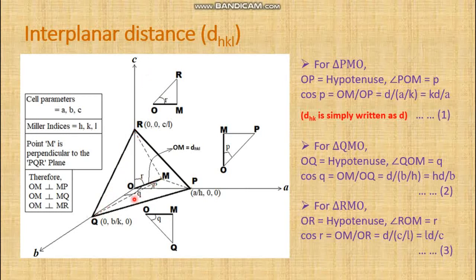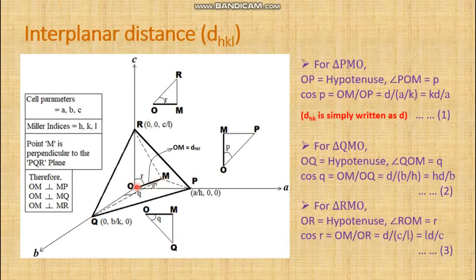Okay, and the perpendicular from O, the origin, on the plane touches the point M. That means OM is perpendicular to the PQR plane, and along the O point there is another lattice plane. So this distance from O to M is actually the interplanar distance. So we have to find the value of OM here.